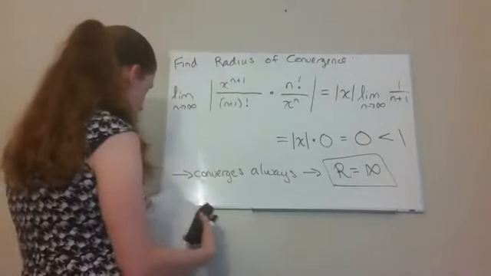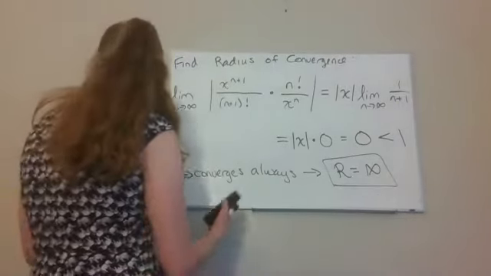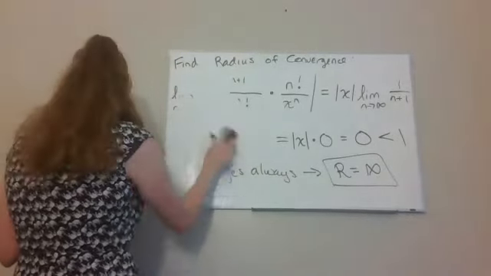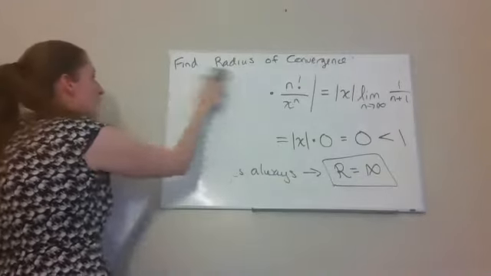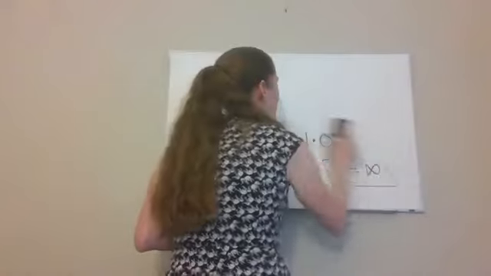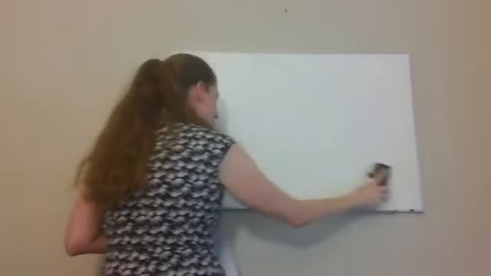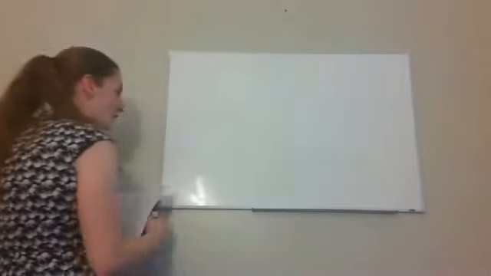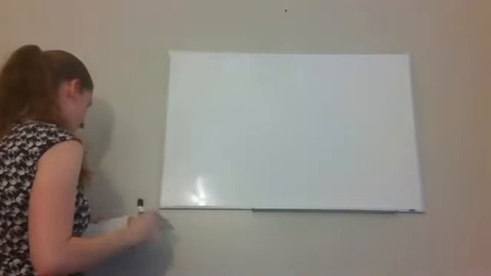All right, well, let's just do one more example. And we've done quite a few examples finding the radius of convergence now. So this last example, we're just going to find a MacLaurin series and then call it a day, because this MacLaurin series is a little bit more complicated.